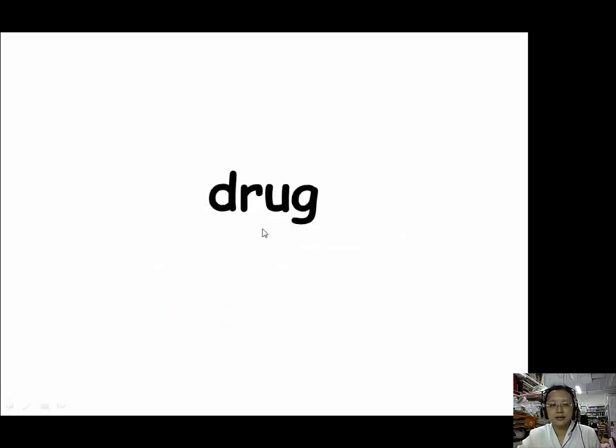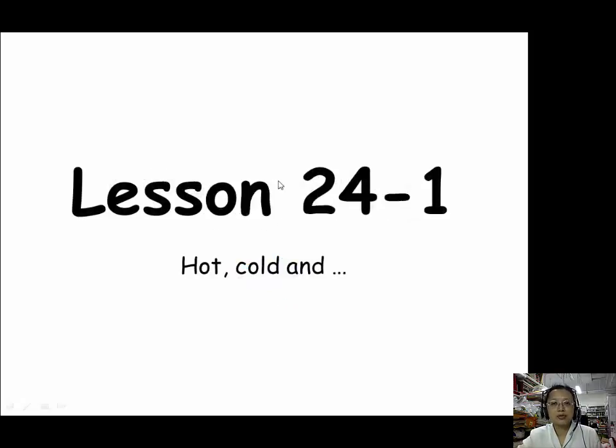For drug, we use this prefix, pharmaco. When we want to describe things that are a killer or can perform an action of killing, we use this suffix, cide. Now let's proceed to the first part of lesson 24.